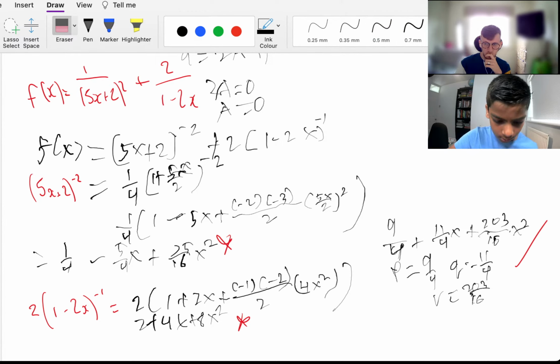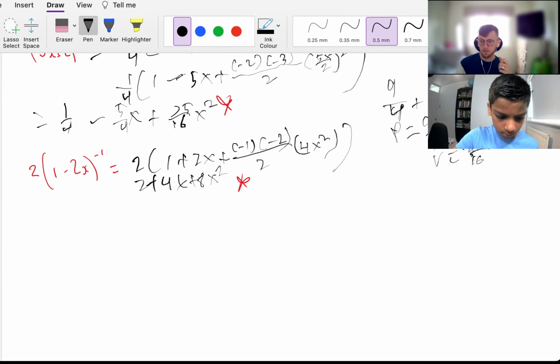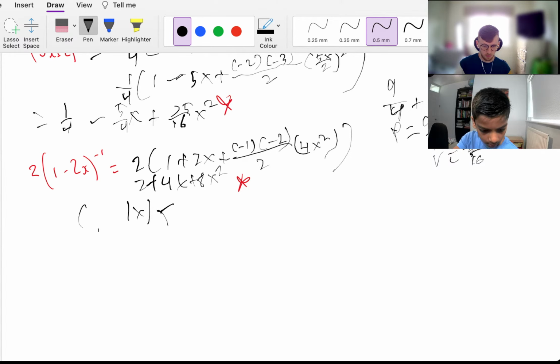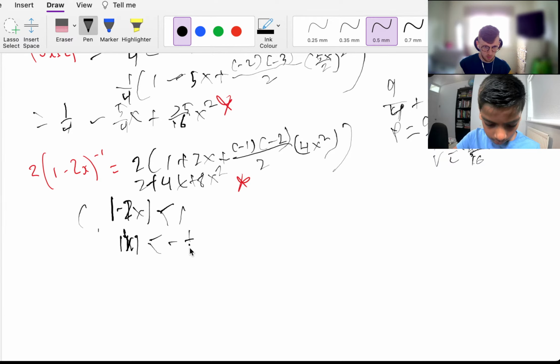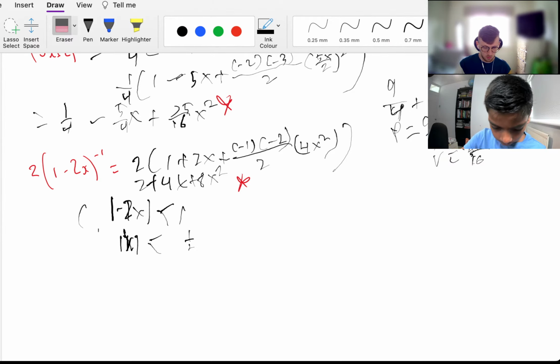Okay, so then for the 1 minus 2x, the absolute value of minus 2x is less than 1, so the absolute value of x is less than a half, so negative a half is less than x, less than positive a half.